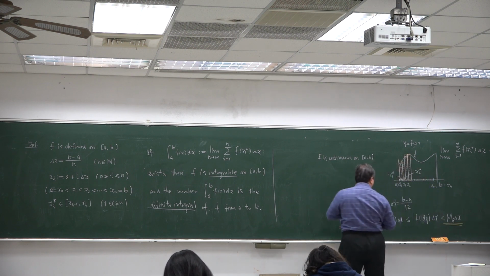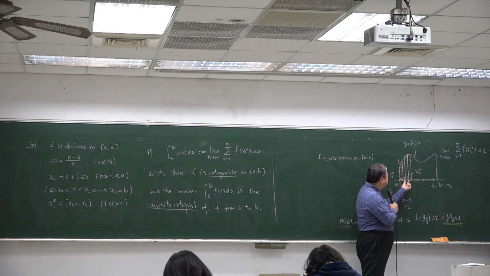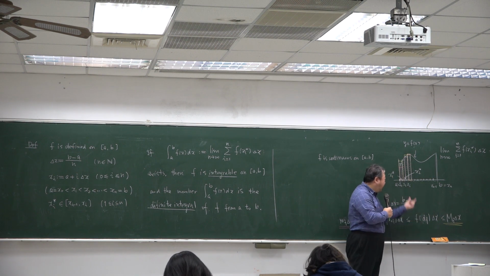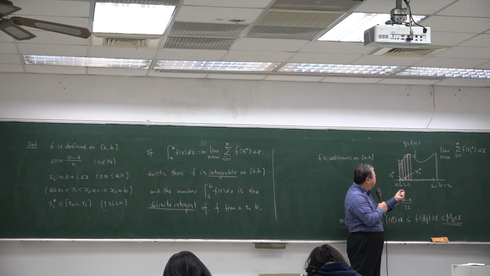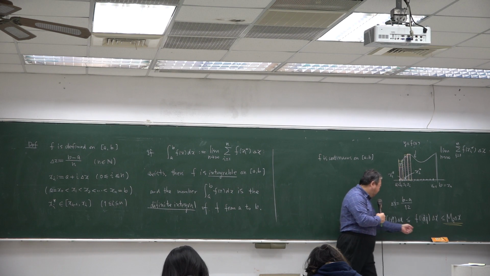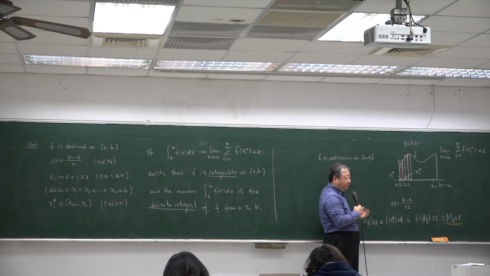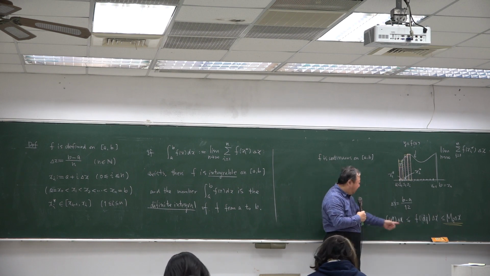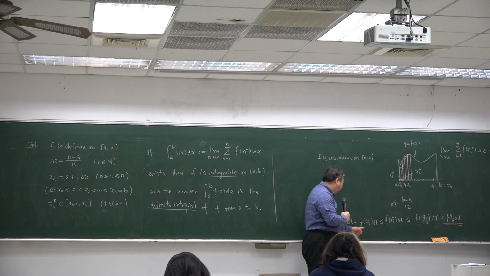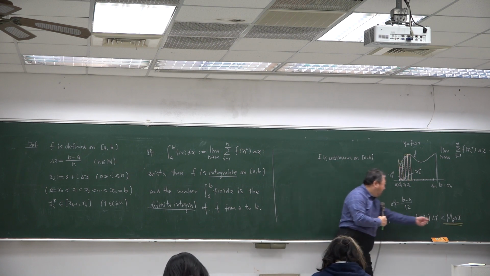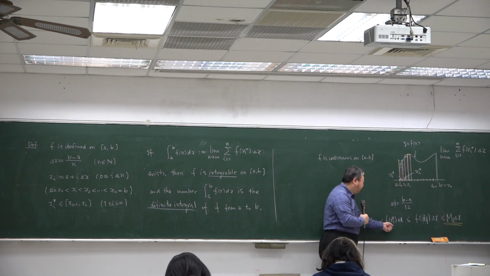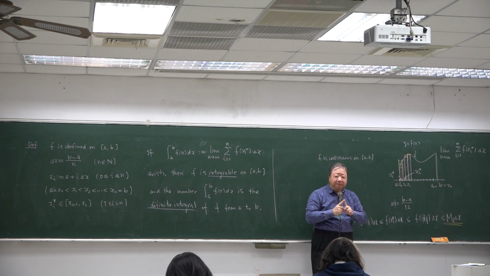If n goes to infinity, then these two points will be almost the same, and c_i and d_i are almost the same by the continuity. So these three numbers are almost the same.